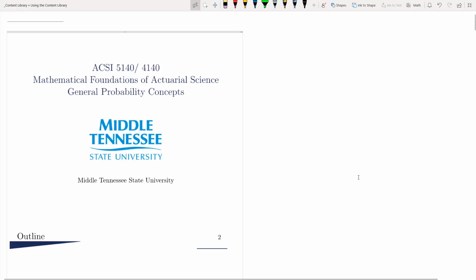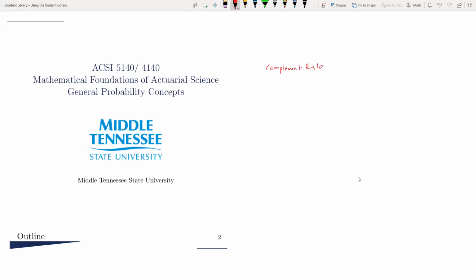In this module, you need to know about the complement rule, addition rule, Venn diagrams, conditional probability, and how to use tree diagrams.